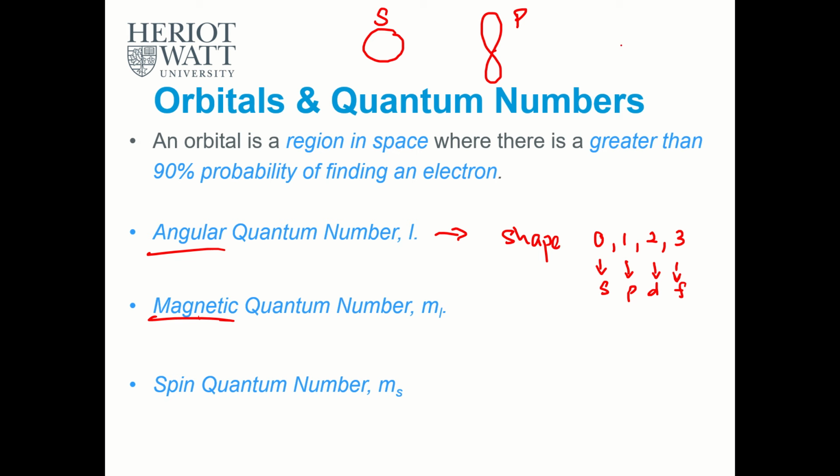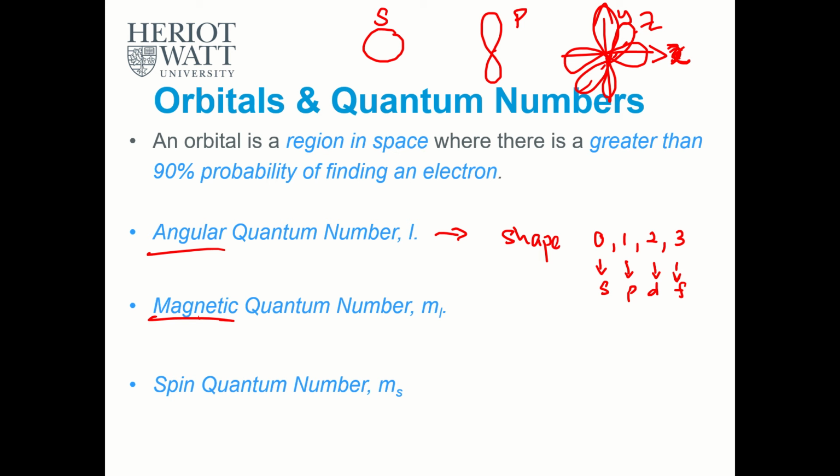What are the different orientations here? It's something like that. You have your axes, right? Y-axis, X-axis, and then the Z-axis. Make sense? So these P orbitals can lie on the X-axis, or they can lie on the Y-axis, or they can lie on the Z-axis. You see that?